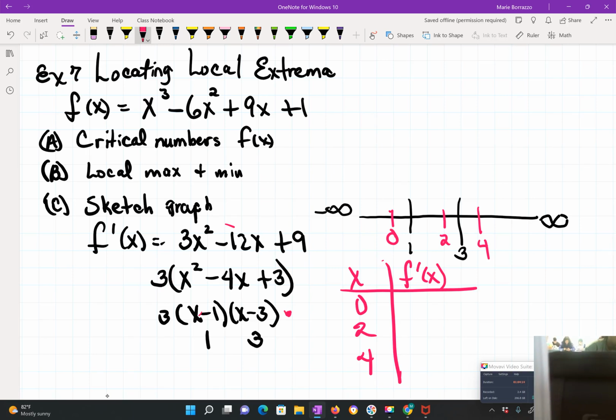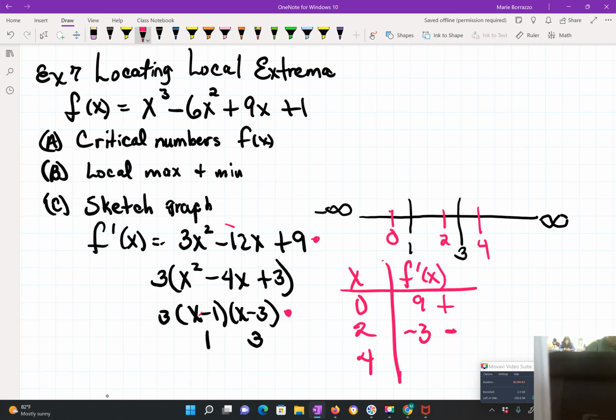So 0 minus 1 and 0 minus 3, that's going to give you positive 3 times 3, which is 9. It's positive. Do you see what I did? It's kind of cheating, but it works. Again, either one will work. 2 minus 1 is 1, and 2 minus 3 is minus 1. So minus 1 times 1 times 3, that's a negative 3. That's a negative.